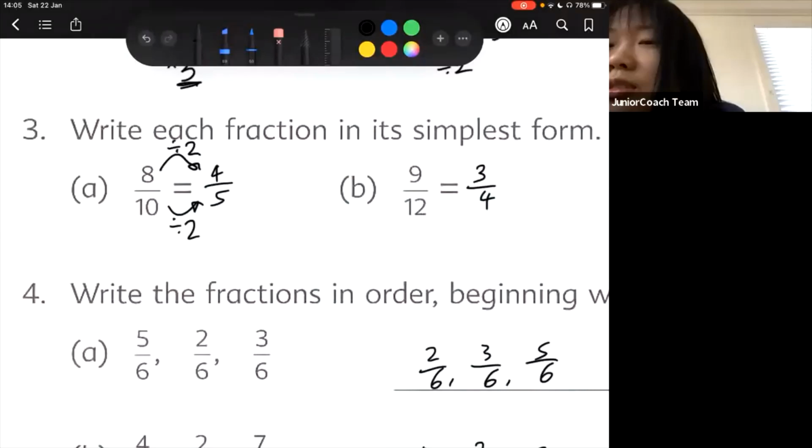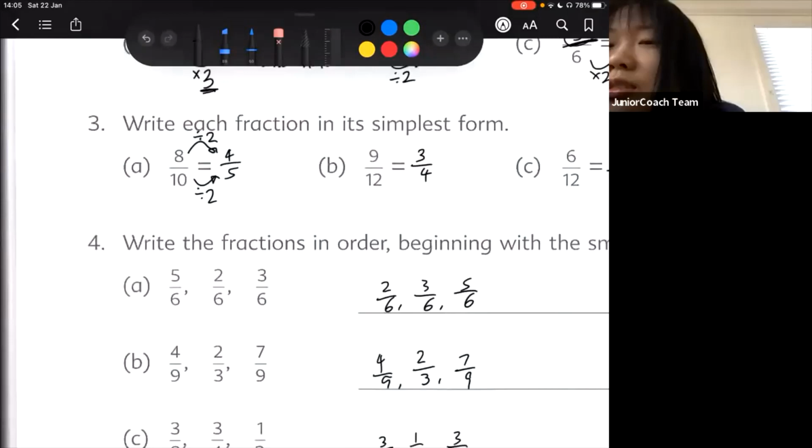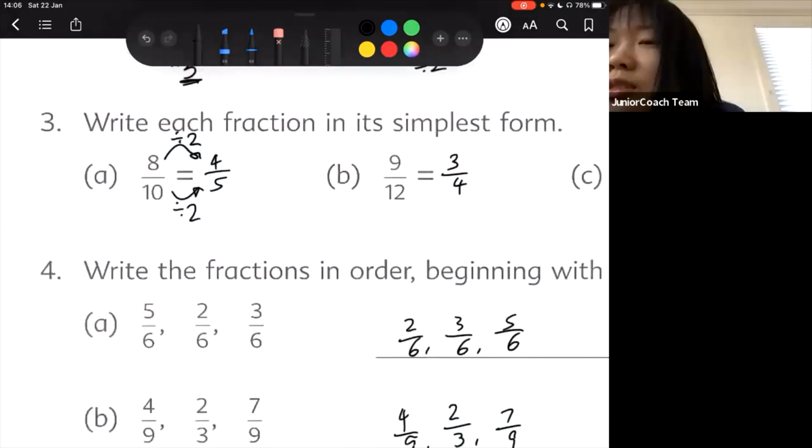I guess I can talk about common factors here. Let's say the number 2 equals 1 times 2. And the number 6 equals 1 times 6.